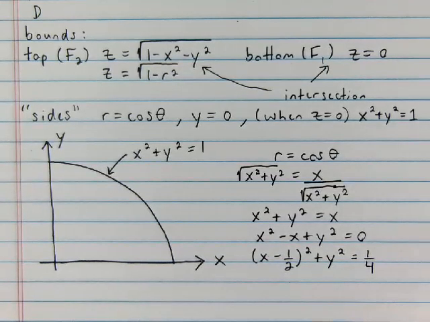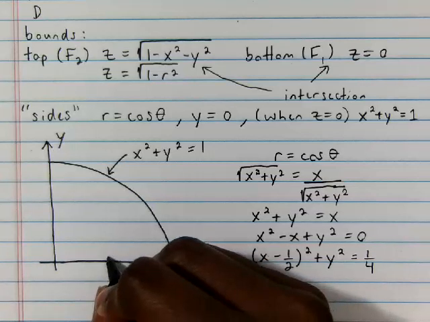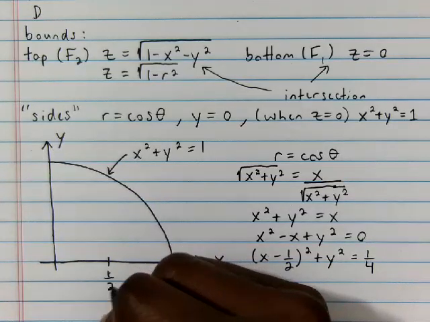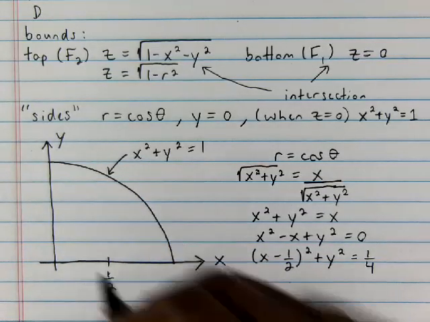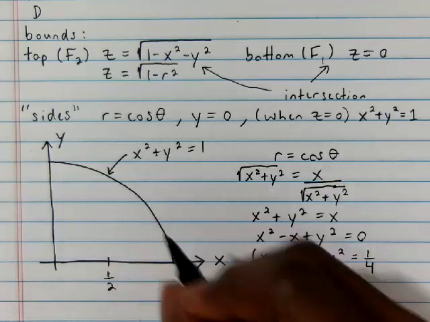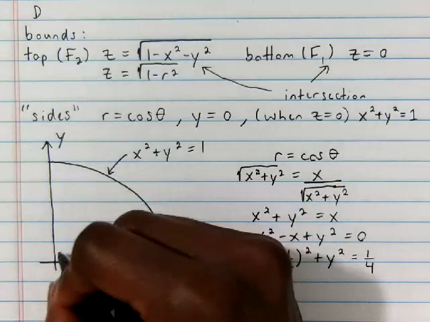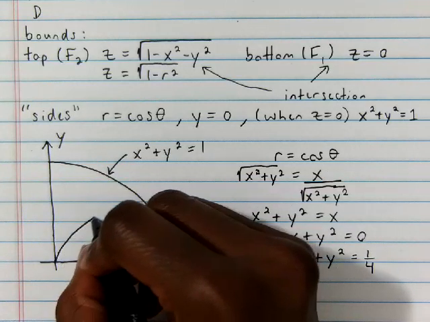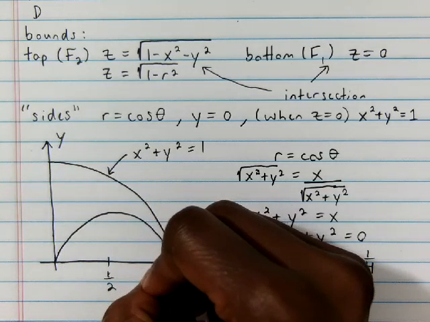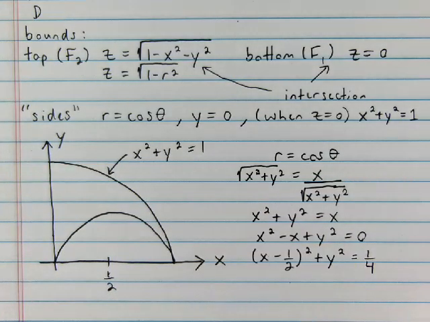So we know now that this is a circle of radius 1/2 centered at 1/2, 0. So we'll put our 1/2 right here, and that's going to look like that.